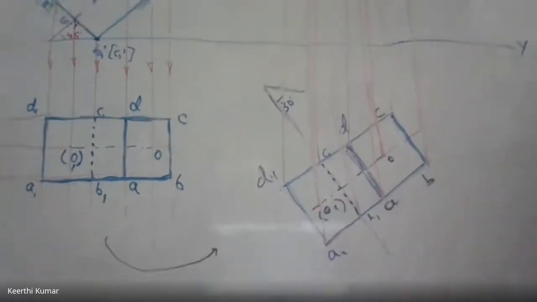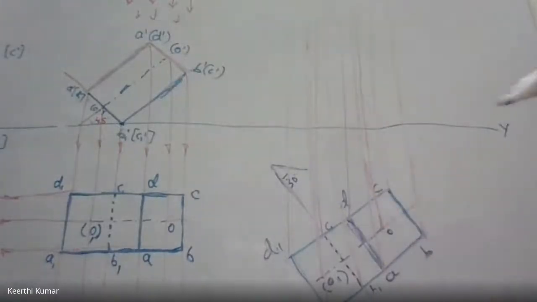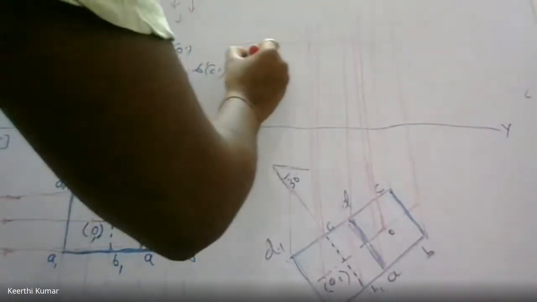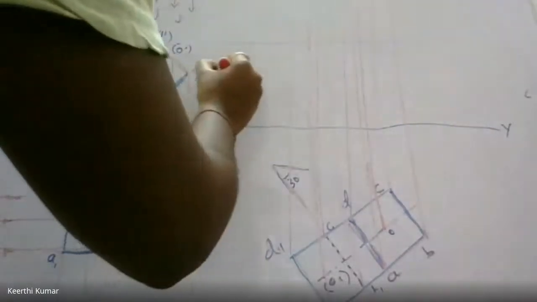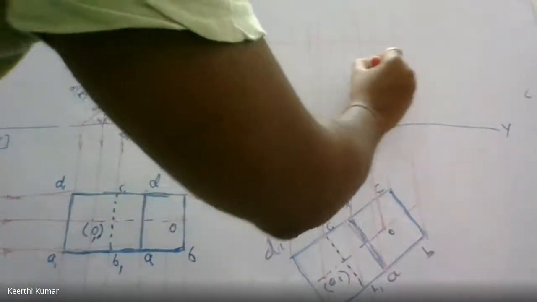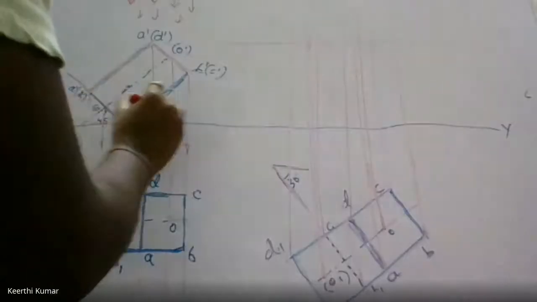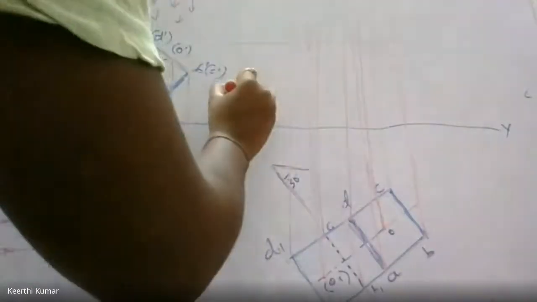Once the vertical projections are done, you take horizontal projections also. Projection lines should be thin, and put the arrow marks.